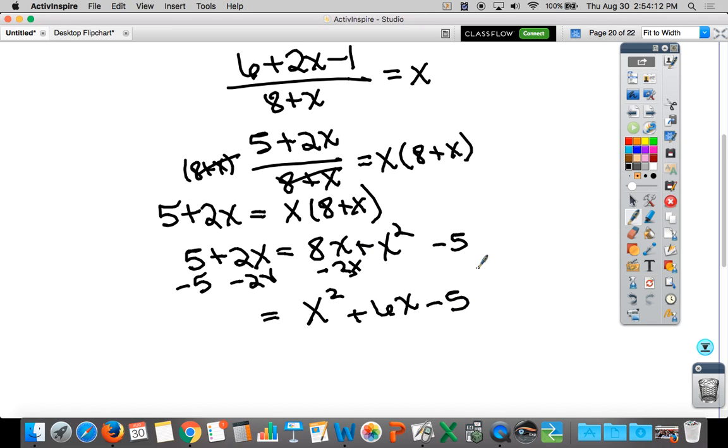You could have written it 6x plus x squared minus 5. I wouldn't care, but your A is still going to be your A. And A always comes in front of the x squared. Your B always comes in front of the x, and your C is the constant. So you can put that in polysolve, and your roots are what?